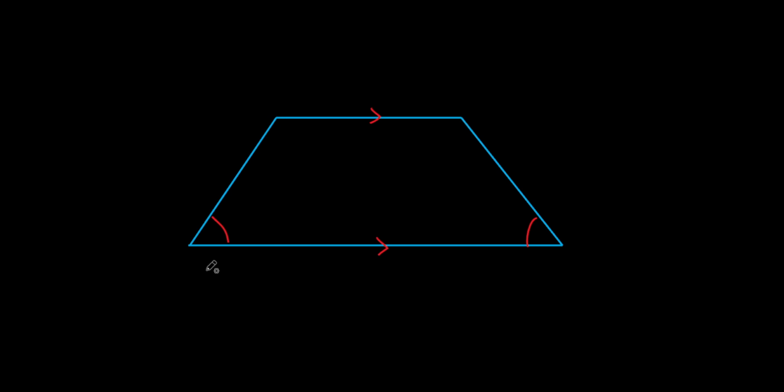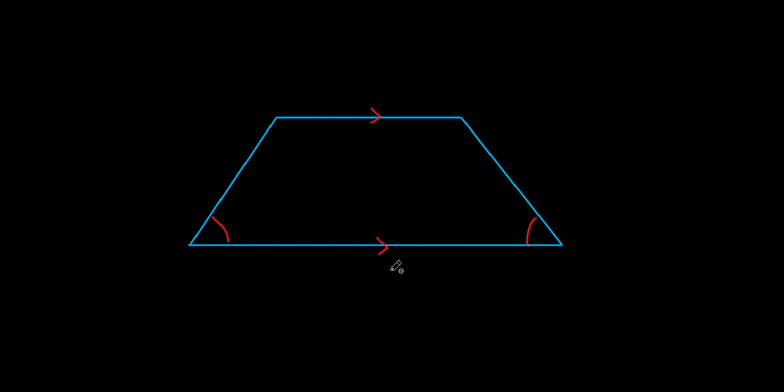It is. Because if you have a trapezoid, how do I know it's a trapezoid? Because I have exactly what? One pair of parallel sides. With me? So I know it's a trapezoid. How do I know it's isosceles? Because this angle and this angle are equal. And what's true if I have base angles equal to each other?